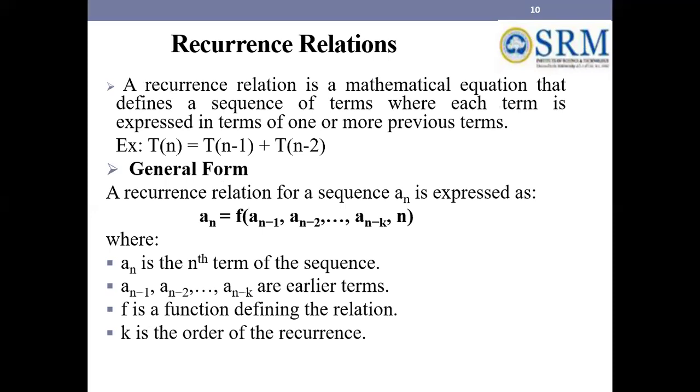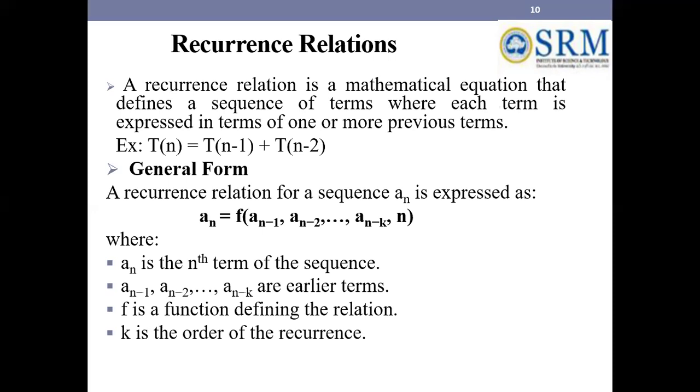And what is a recurrence relation? It shows the relationship of how the recursive algorithm is executed. It is a mathematical equation that defines a sequence of terms where each term is expressed in terms of one or more previous terms.